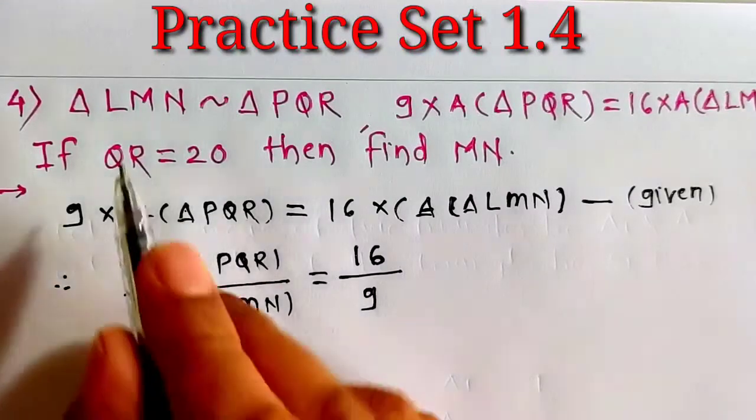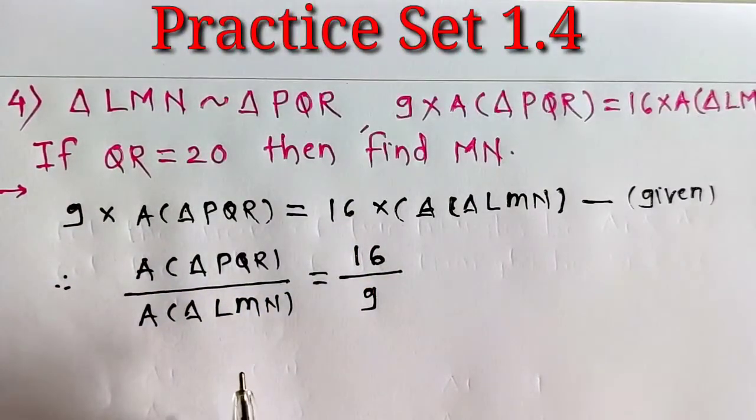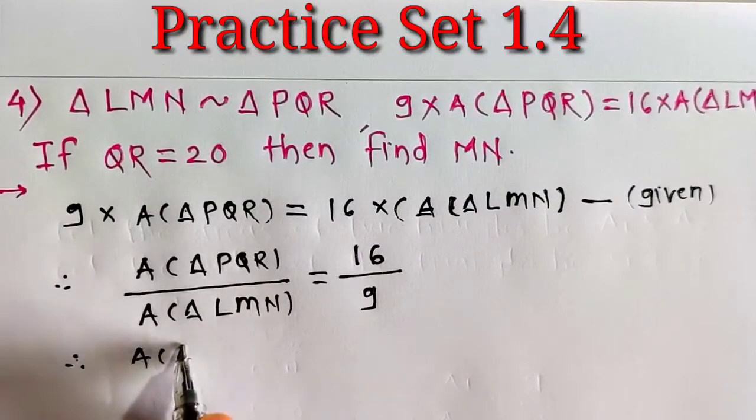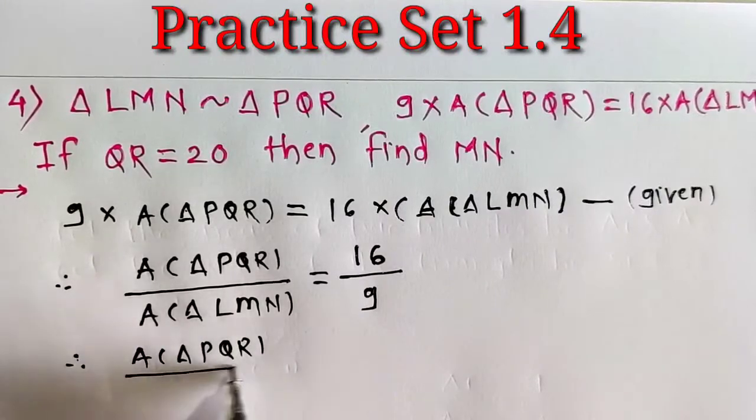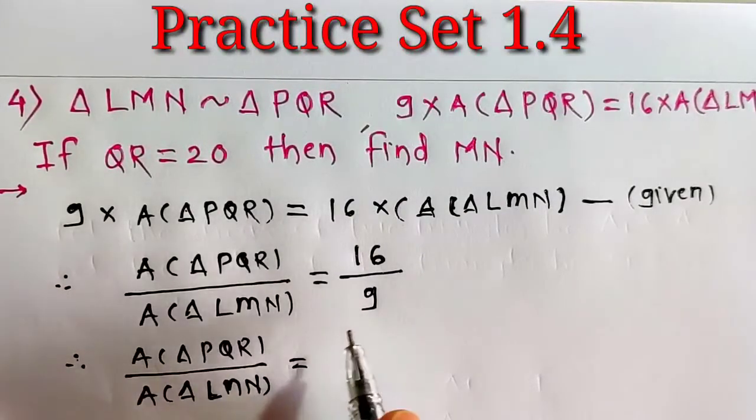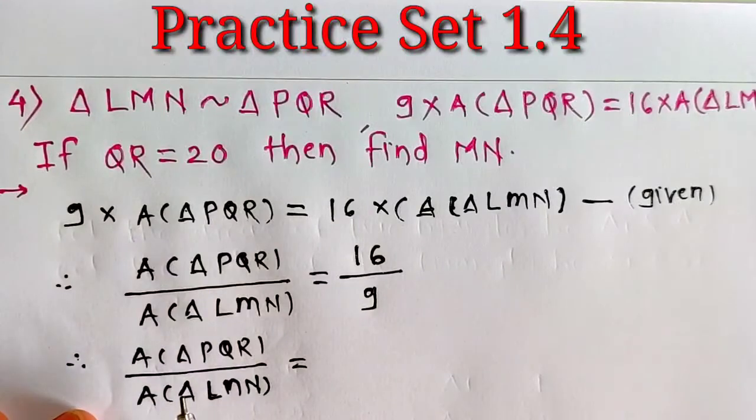But triangle LMN is similar to triangle PQR. Therefore, the ratio of their areas, area of triangle PQR to area of triangle LMN, is equal to the ratio of the squares of their corresponding sides.